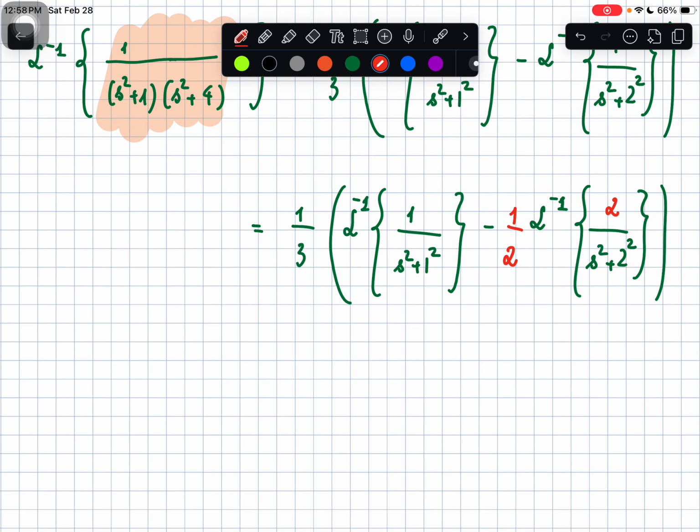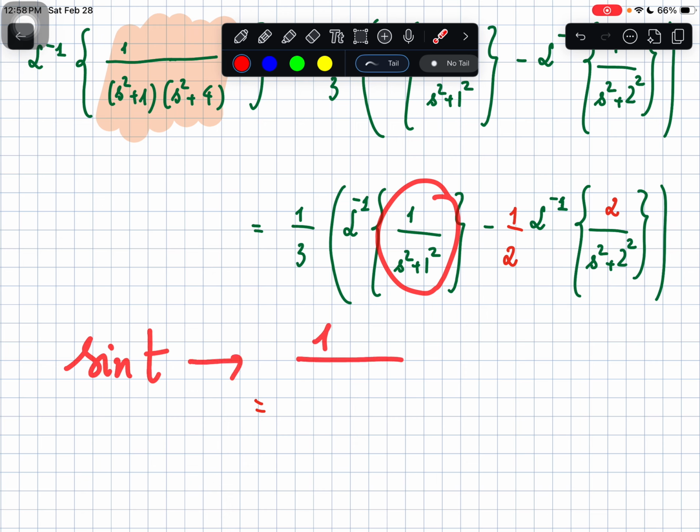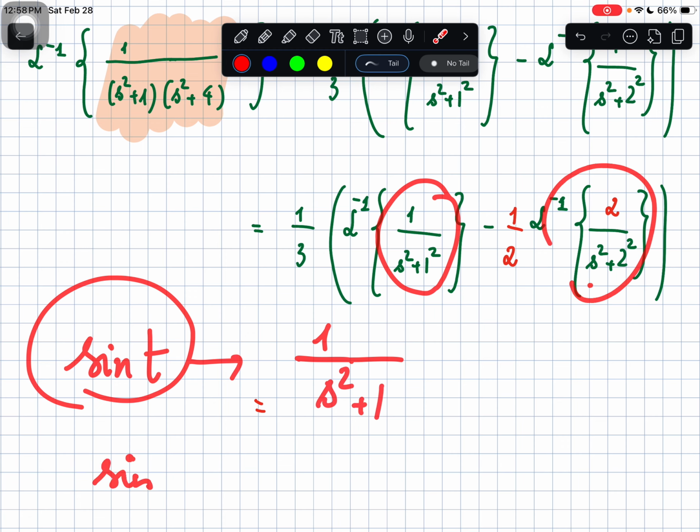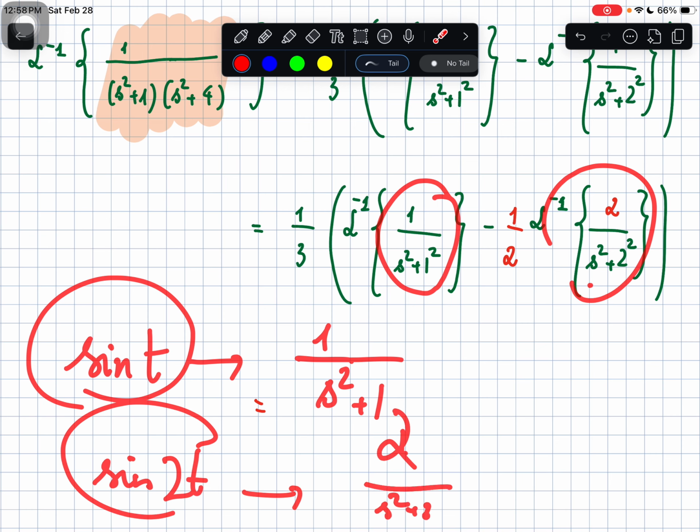Now this one, we know that sine of kt, or sine of t in this case, has Laplace transform 1 over s squared plus 1 squared. Same here, sine of 2t has Laplace transform 2 over s squared plus 2 squared.